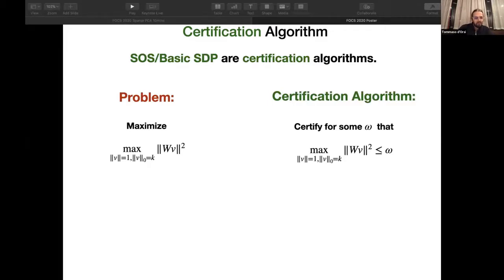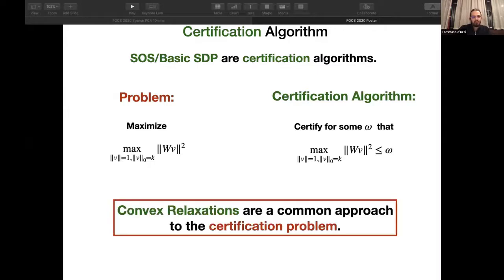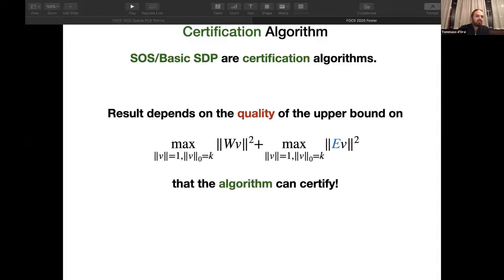A very common approach to this is convex relaxations, of course. We have some constraints and we relax the constraints, and that's how we get these certification algorithms. In our case, concretely, the quality of the algorithms that we get depends on the bounds that we can certify on the sparse quadratic forms of the noise matrices W.